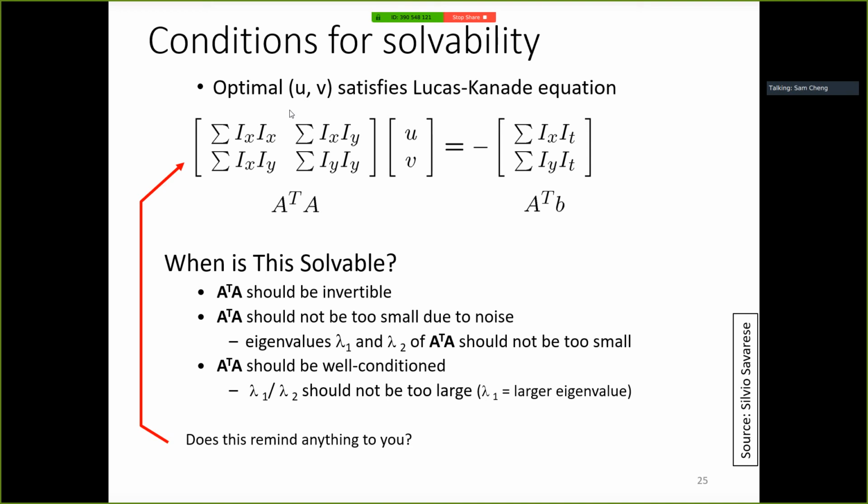No. The corner is what? A corner is where both eigenvalues are big. One eigenvalue being way higher than the other is a different case. There are several different cases.